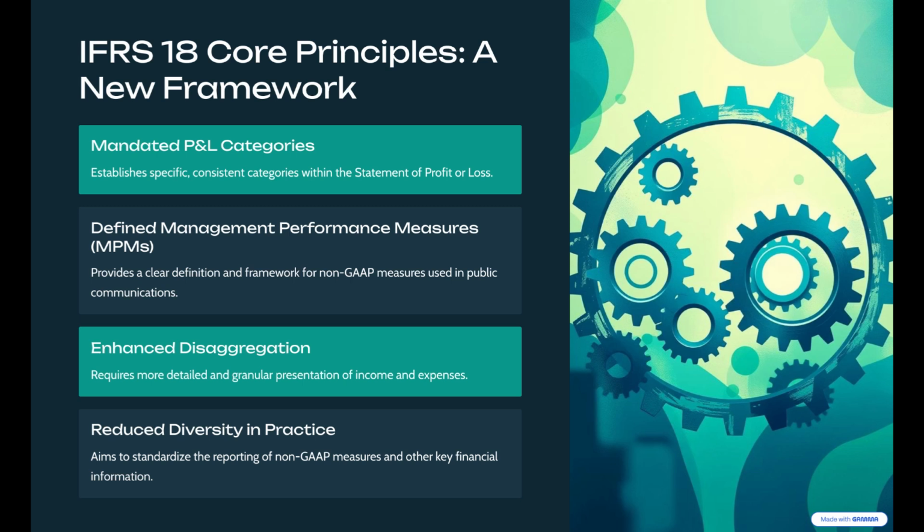3. Enhanced disaggregation. One of the major criticisms of financial reporting under IAS 1 was the over-aggregation of financial line items, which obscured critical information about a company's operations and risks. IFRS 18 directly addresses this by requiring more detailed disaggregation of financial information based on nature and function of expenses, characteristics of items, e.g., volatility, persistence, relevance to users' decision-making.